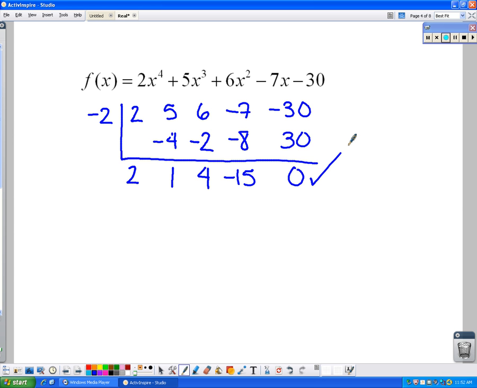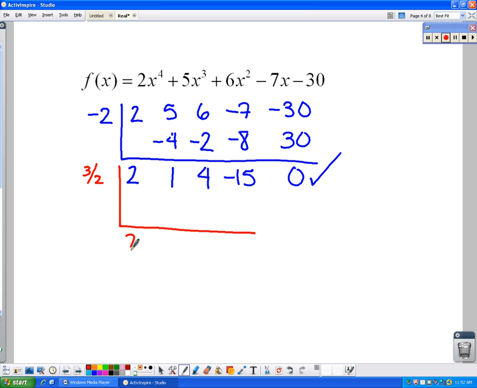Well, at this point, we've reduced our quartic equation to a factor of a linear term, or a factor, I guess, of a linear term and a cubic term. Might be the best way to put that. Well, we're going to continue now and divide by 3/2. We do this with the quotient that we just received.